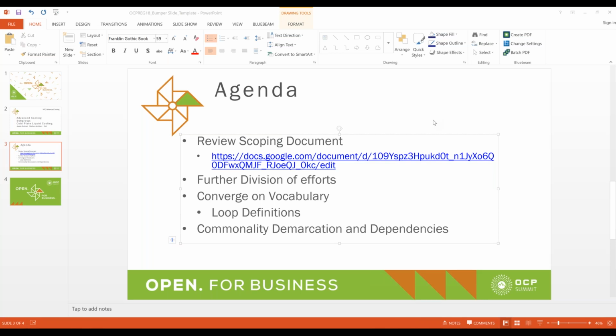Okay. So that said, the first thing I want to do is jump back into the scoping document, which is currently being hosted on Google Docs. I want to make sure that everybody on the call knows where that link is, knows how to find it, and has had a good chance to read it. Even if you have, we're going to talk about the things inside of it in a little more detail. I think the current scoping document already contains a pretty big amount of work needed to push out the items that we intend to accomplish.